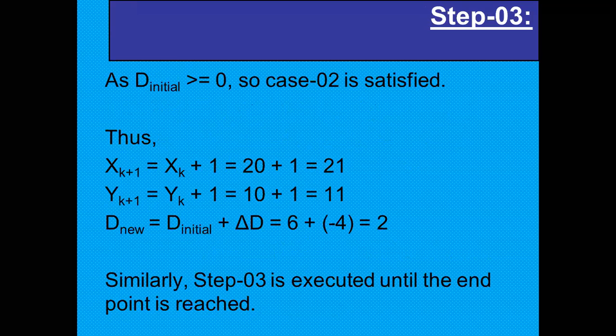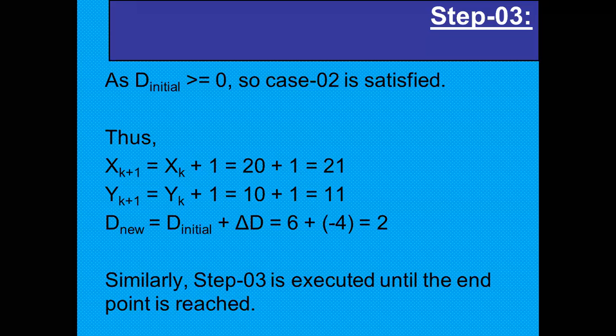Now again calculate the value of d new. Here d is used as the error term. After calculating the next value of x and y, we will again and again check the value of d. So we will calculate the value of d new, and as per formula d new is equal to d initial plus delta d.